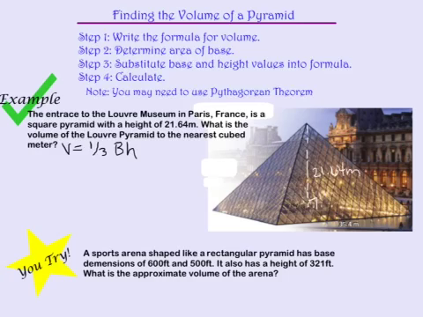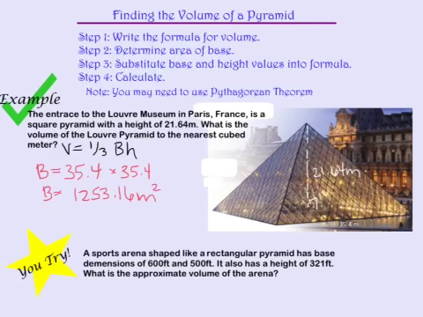If it's a square base, then I can find big B by just taking my base times height, which is 35.4 times 35.4. That gives me a base of 1,253.16 meters squared. That's the area of my base.